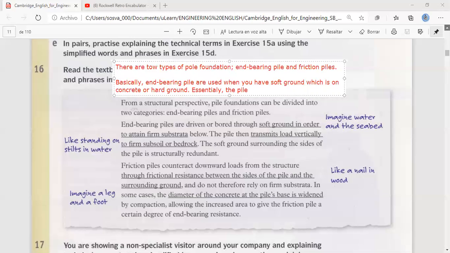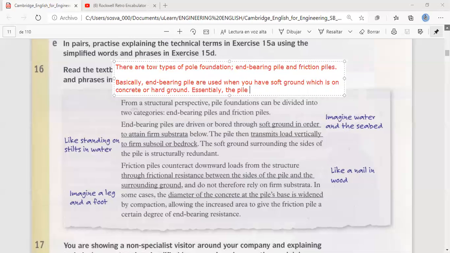Okay, pile. It says transmits load vertically to firm subsoil or bedrock. That means that they move vertically to the soil or the bedrock. What does that mean, in other words? To the subsoil, under the surface.